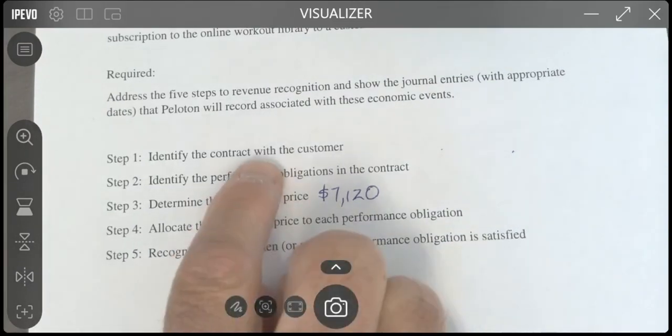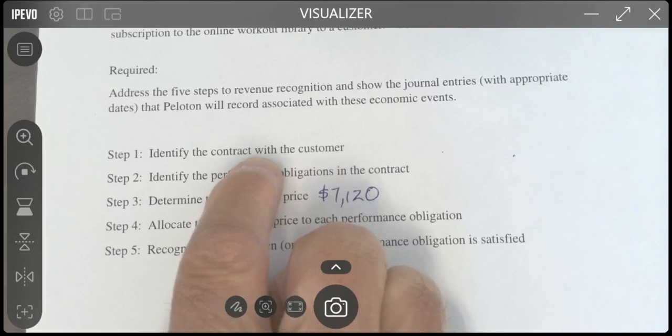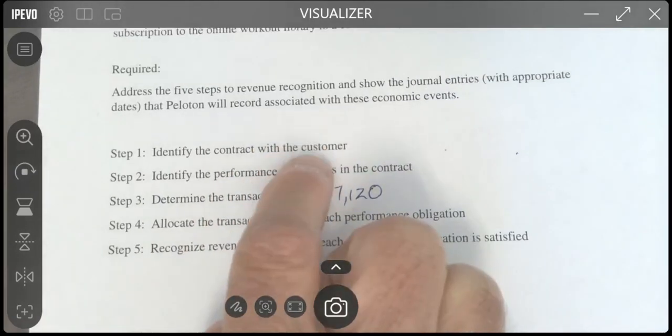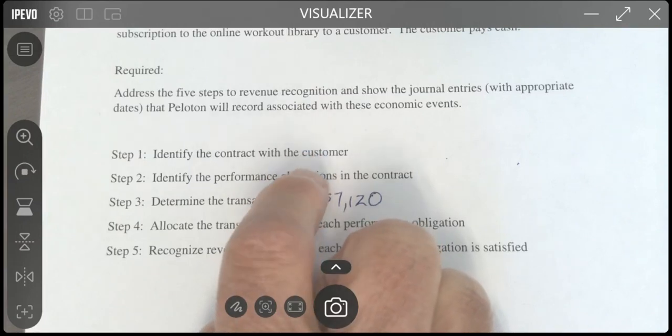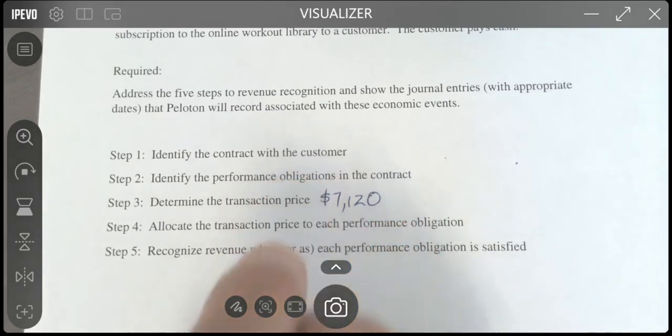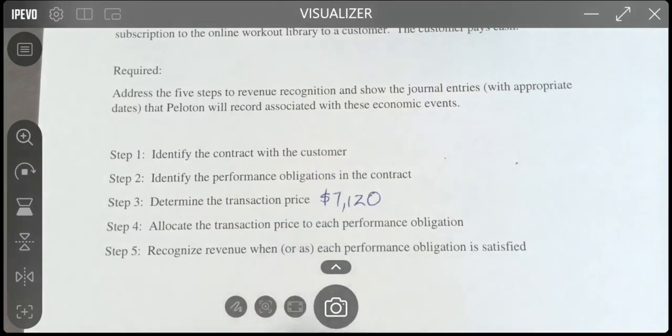Okay, so again, the contract with the customer has 3 components. We need to deliver a well-functioning treadmill, a well-functioning exercise bike, and then we have to provide unlimited access for the entire year 2024 to the buyer. All right.